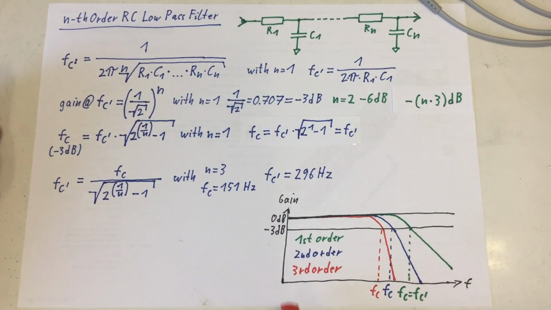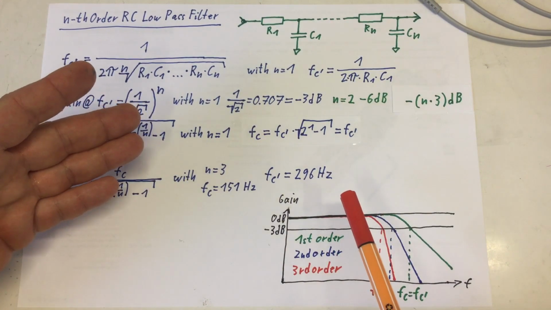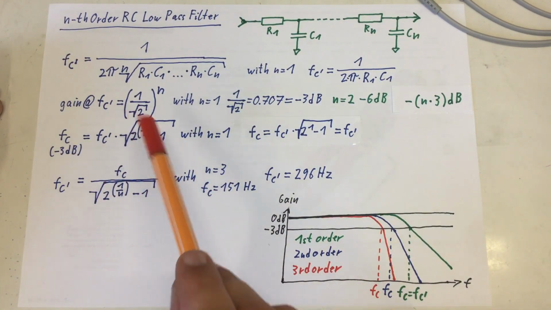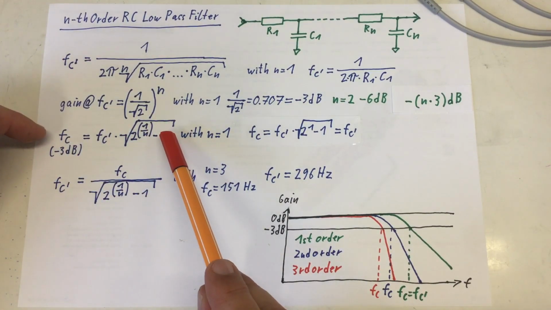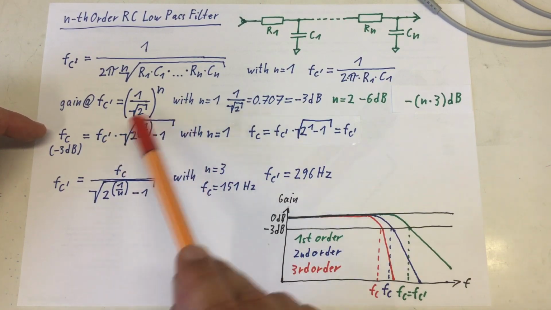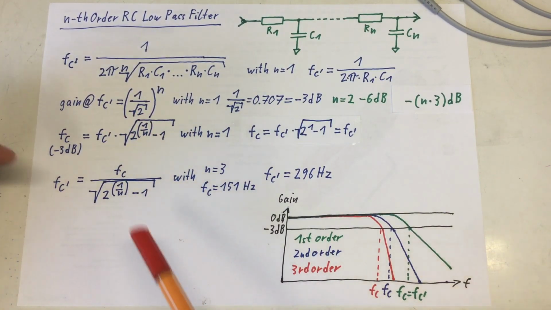In graphical terms, it describes a shift of the higher order RC low-pass filter curves to the right, so they all go through that minus 3 dB point at a relative frequency of 1, like the Butterworth filters. By the way, this formula is basically that formula slightly rearranged. Yeah, just divide that by the whole square root term here and you get that.